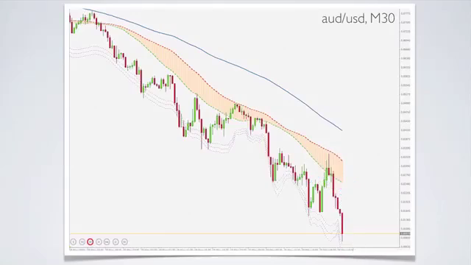So all in all, as you can see, you can find multiple trading opportunities within a trend, right?